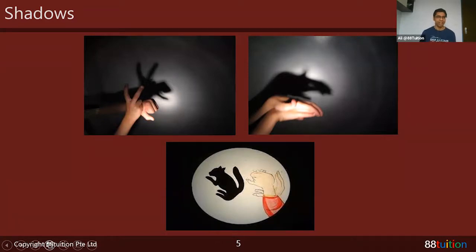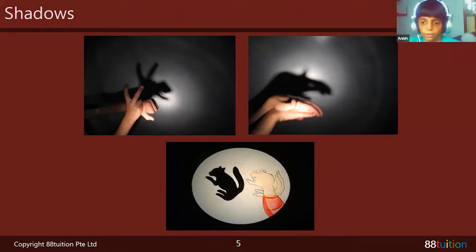Anish, can you do this? Where's Anish? Anish, where are you? Okay, Anish, I'm going to unmute you. Please talk. I can do this like, so you have to put it like this. And then you see that thing here. You have to fold it like this. Or if you're an expert, you can do it like this.